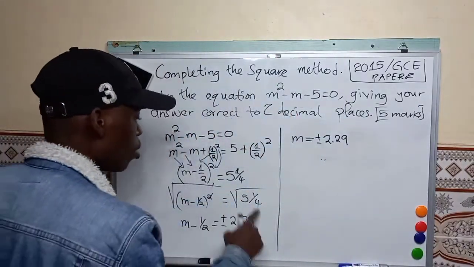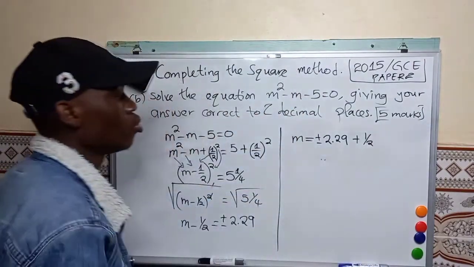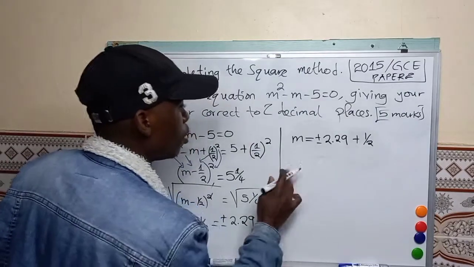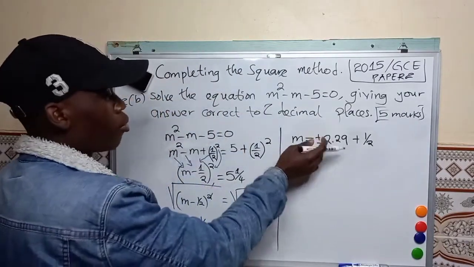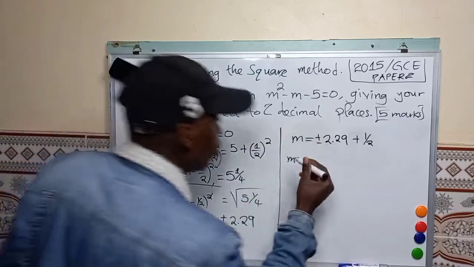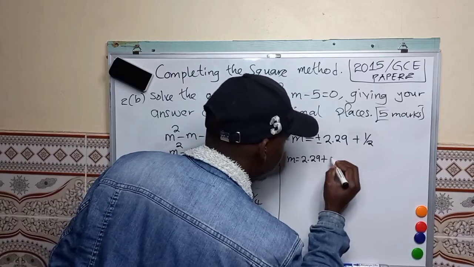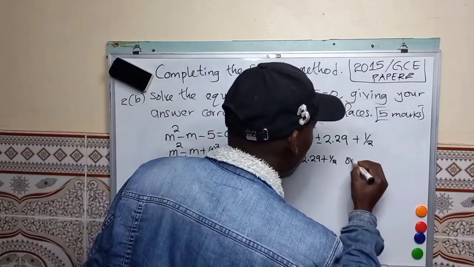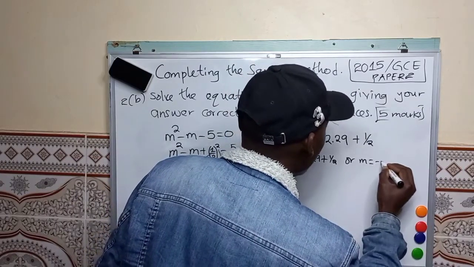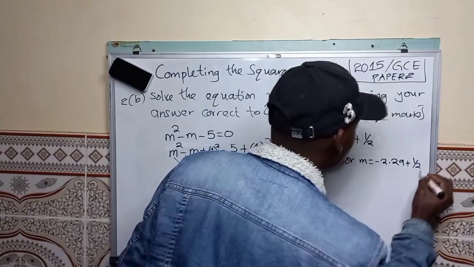When this crosses the equal sign, it will be plus 1 over 2, which is 0.5. So we split them because we have plus or minus: m is equal to 2.29 plus 1 over 2, or m is equal to minus 2.29 plus 1 over 2.